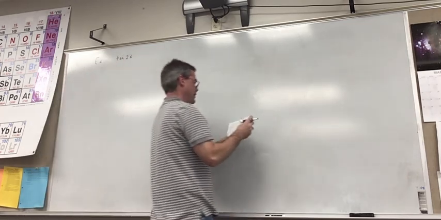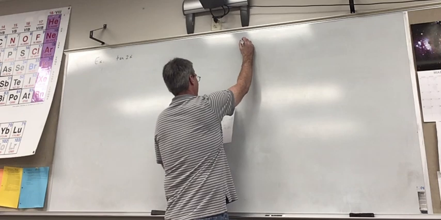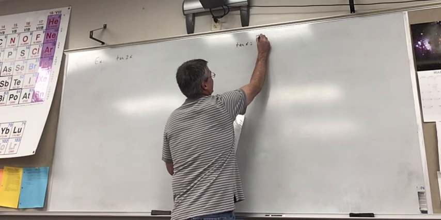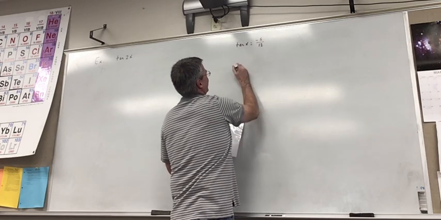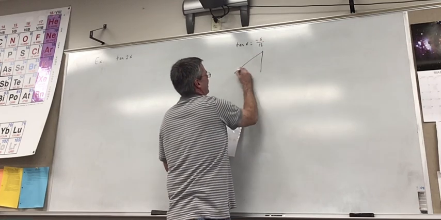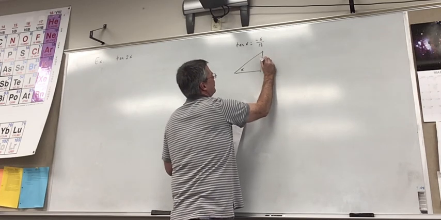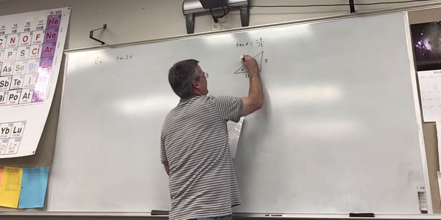We said originally tangent x is negative 5 over 12, right? Shouldn't have erased all that. Okay, so our triangle was 5, 12, and 13.